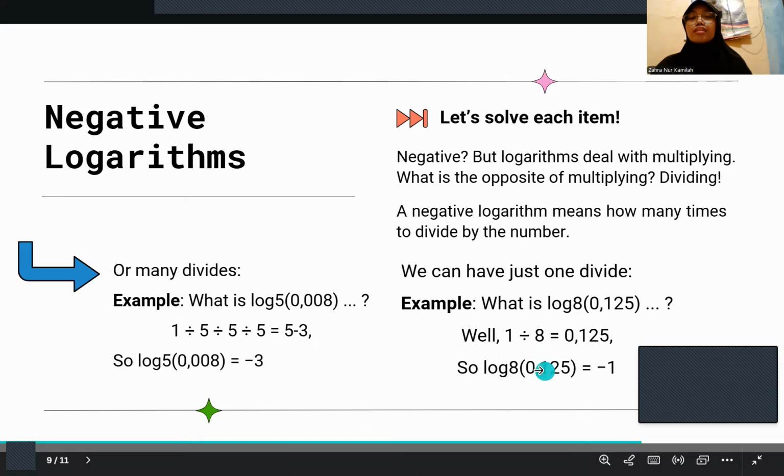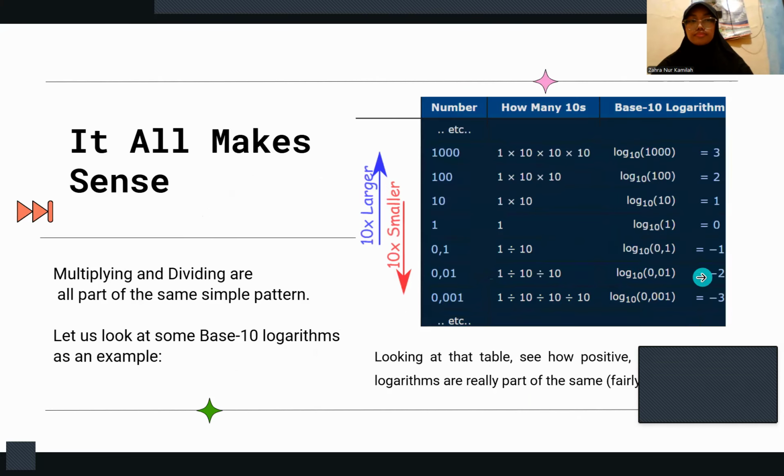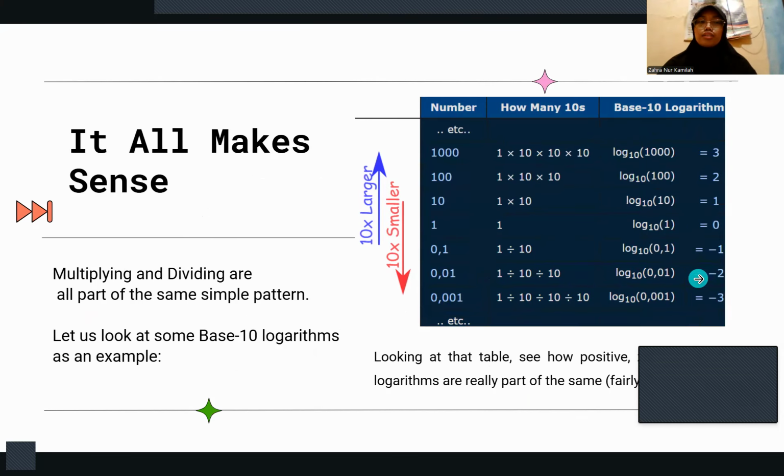So log base 2 of 0.125 equals negative 3. Negative logarithms. Well, it all makes sense when multiplying and dividing are all part of the same simple pattern.